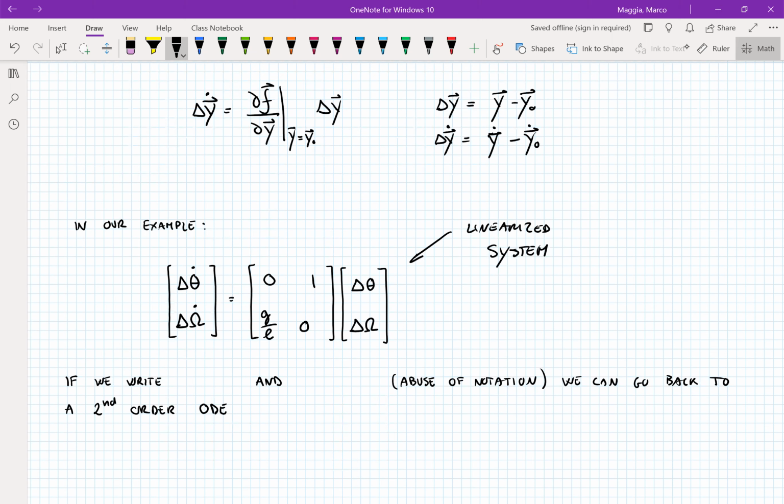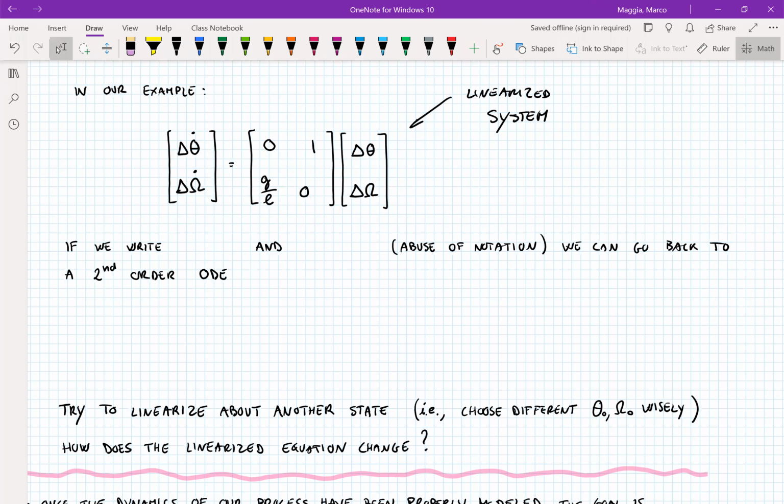Let me highlight one thing once again: this linearization is only valid about the reference point that we chose. If we choose another reference point, then the linearized system would be different, okay? Now, if we want to go back to an ODE of second order, then, using a little bit of abuse of notation, let's just write theta instead of delta theta and omega instead of delta omega.